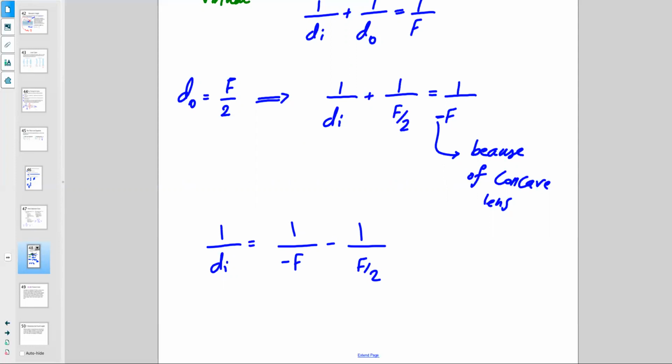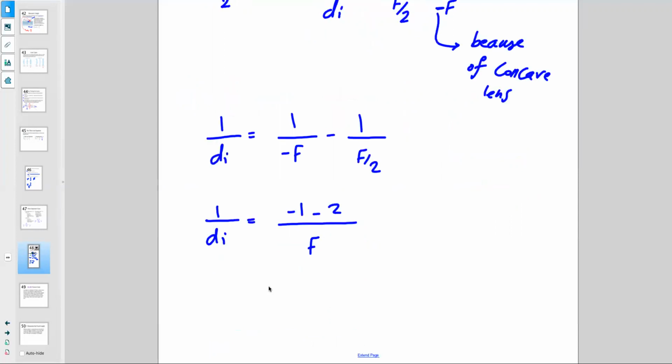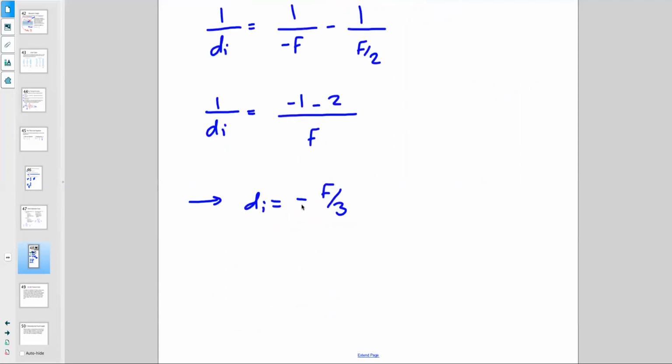So 1 over di is, let's see, negative 1, negative 2, and then there is an f here. So di is negative f over 3. This negative means it is virtual.